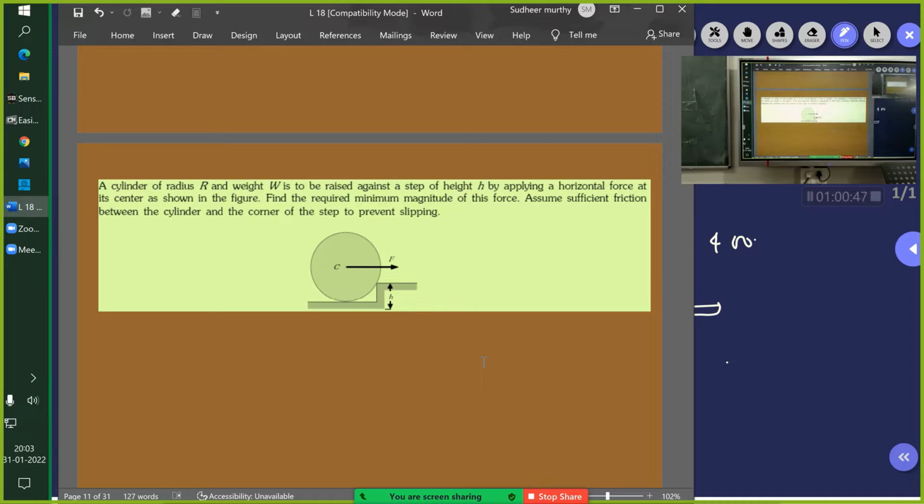Now, one thing is, you just have to ensure that this body just gets lifted. Understand? When you apply force.